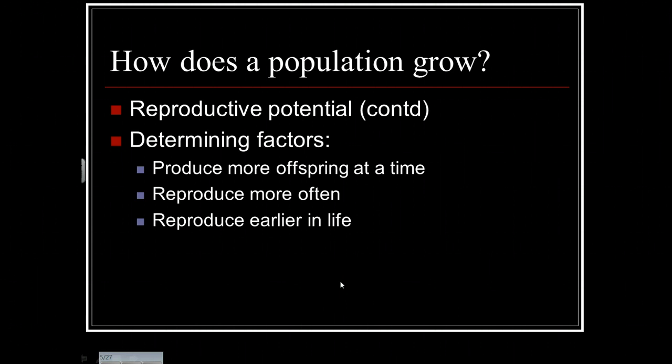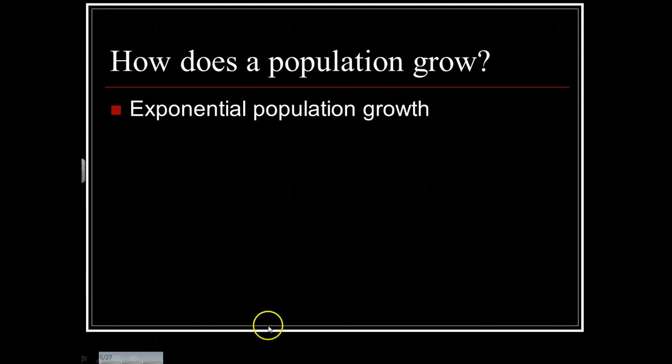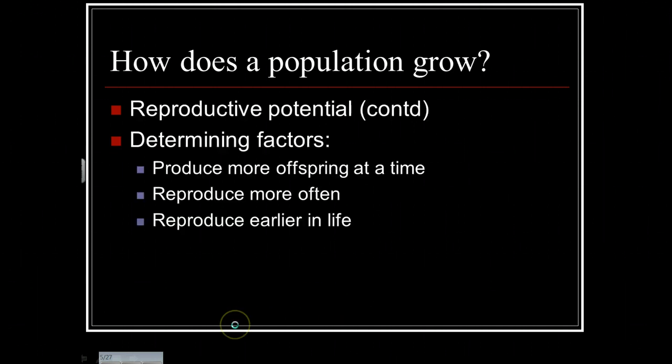Another factor that sometimes we don't consider is that some organisms can reproduce earlier in life. Some have the ability to reproduce almost from the beginning of their lives, and others wait until they reach maturity. So reproductive potential is directly affected by these 3 factors. The first 2 are ones you might have thought of on your own, but the third one is sometimes not considered.